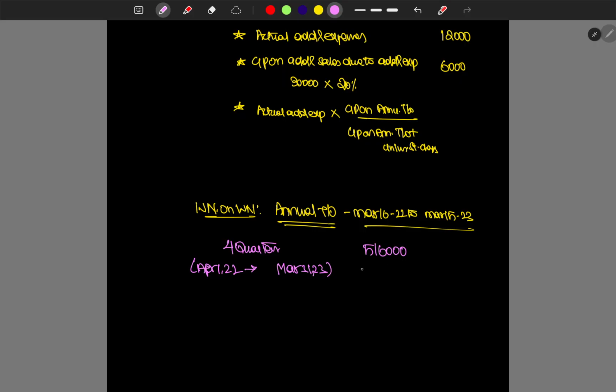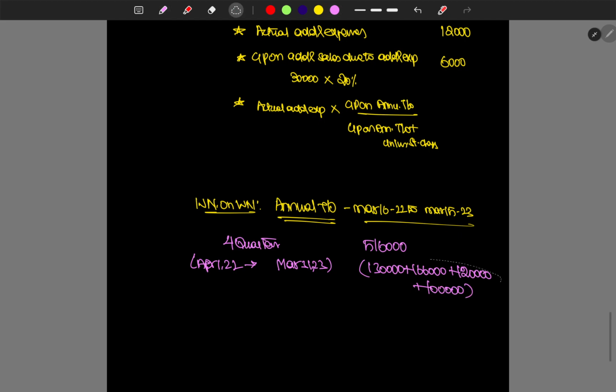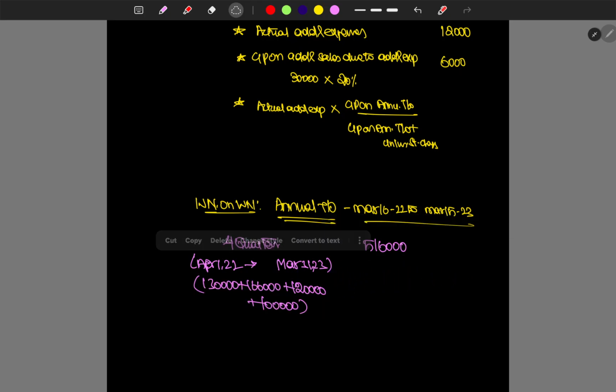Okay, so this is the amount. This amount includes 1,30,000 plus 1,66,000 plus 1,20,000 plus 1 lakh, right? So we have to do some additions, which is we need to add the relevant period.